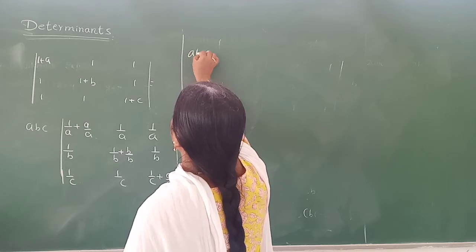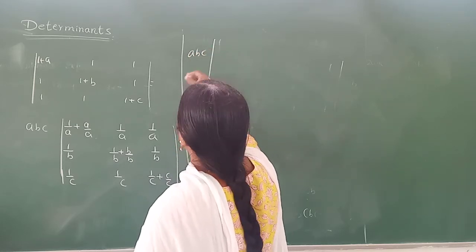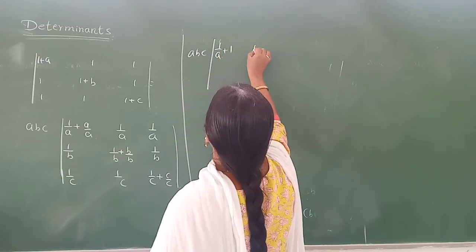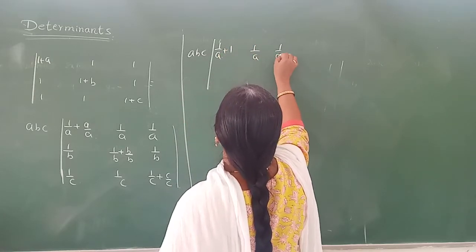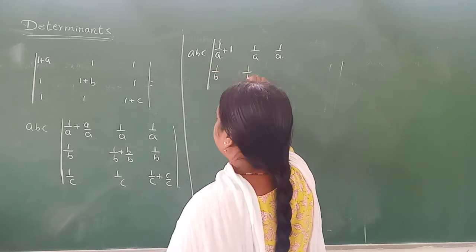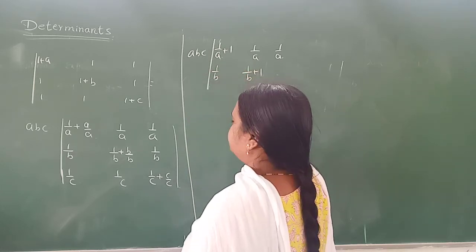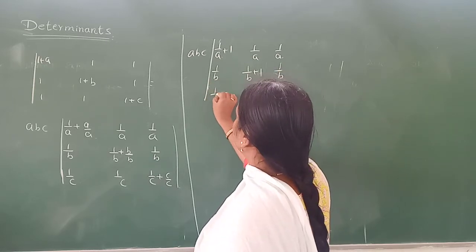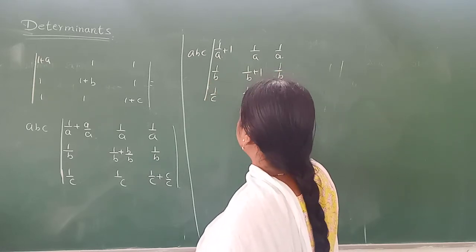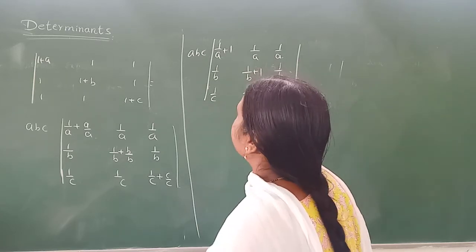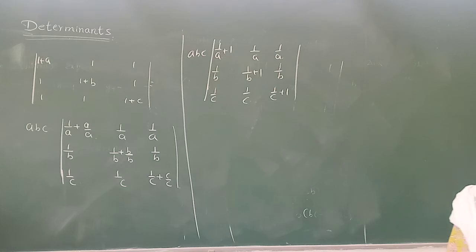Next, A, B, C outside, and in the first row 1 by A by A means plus 1 by A, then 1 by B, 1 by B, 1 by B, B by B gets cancelled plus 1, next 1 by C, 1 by C, 1 by C, C by C means plus 1. You get it like this.